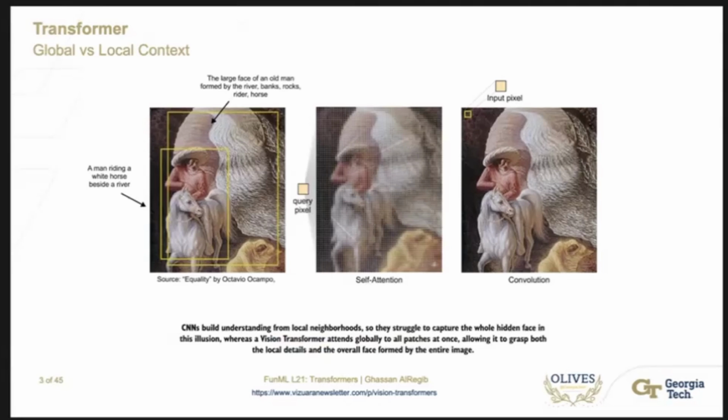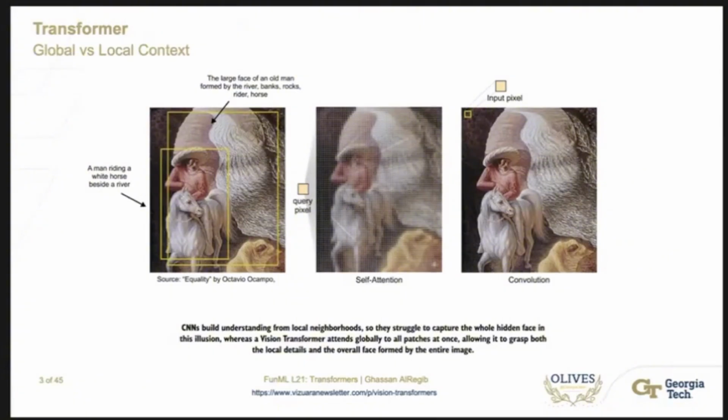And then we can learn how global elements associate with each other in that input. However, at early layers in convolutional neural networks, we do not learn how, for example, far elements are associated with each other. So let's take an example here.